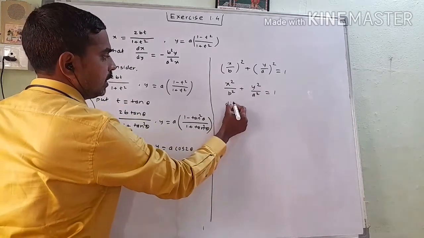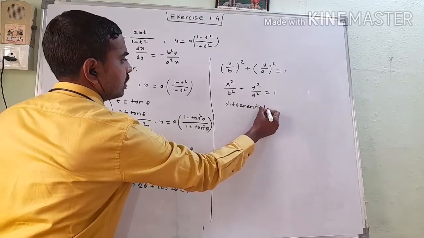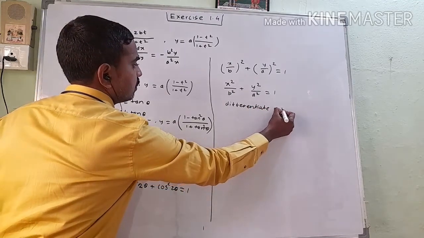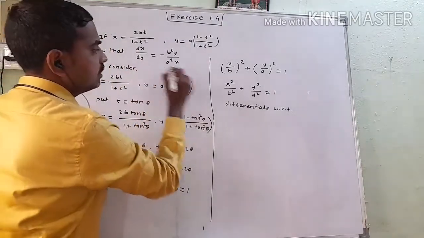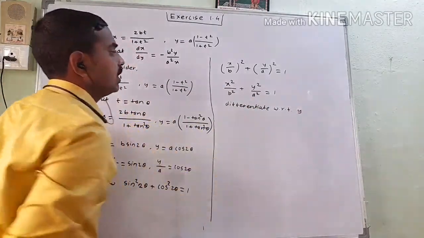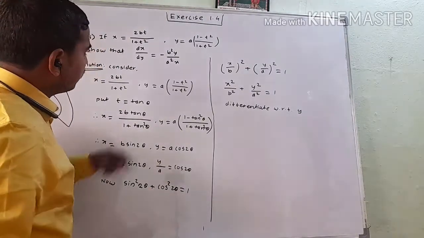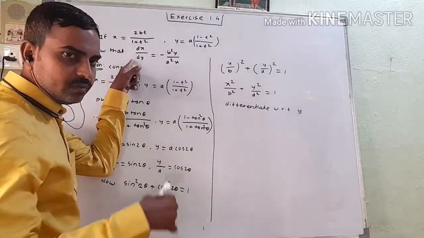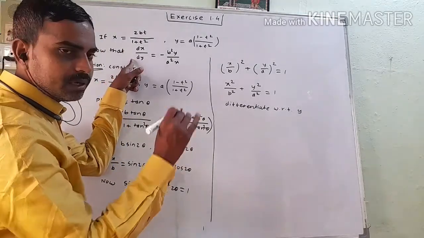Now we will directly differentiate this above function not with respect to x, but with respect to y. If we differentiate with respect to x, we get the value of dy by dx, and to calculate dx by dy we again have to use the inverse formula, dx by dy equal to 1 by dy by dx.